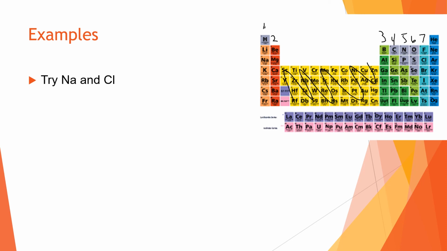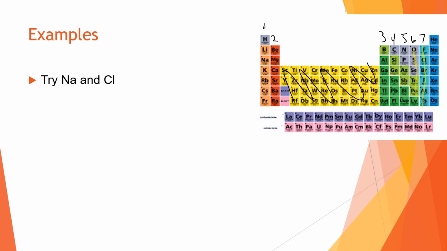So remember, those group numbers, or that shortcut there, is going to tell us the number of valence electrons. So I know that the valence electrons for this entire group here is 7. So fluorine, chlorine, they all have the same number of valence electrons. Oxygen, sulfur, they all have 6 valence electrons. So if they're in the same group, you're going to use this shortcut to determine the number of valence electrons, which will help you to do the Lewis dot diagram.